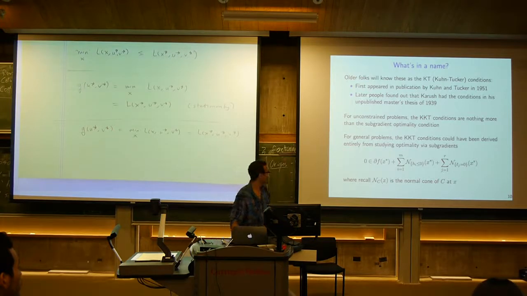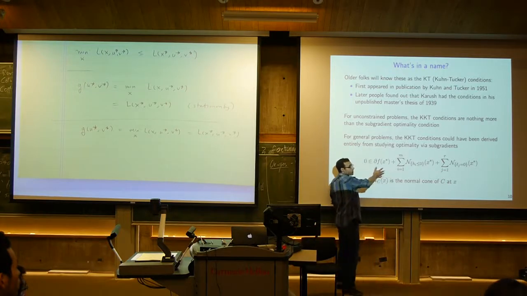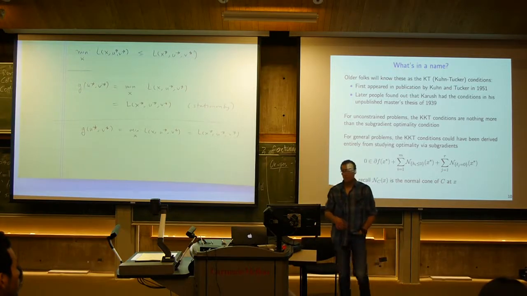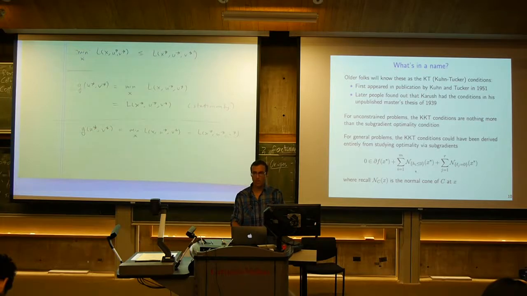We could have started off by saying that I'm going to add indicators for all my constraints that are inequality constraints and equality constraints, take a subgradient of that whole thing, set that equal to 0 at x star, and try to come up with a set of conditions for when this is true. We would arrive at the KKT conditions, okay, if we worked with these normal cones. I think it's just much more complicated in general to think about this, so the KKT conditions, I think, are easier to work with and easier to remember.